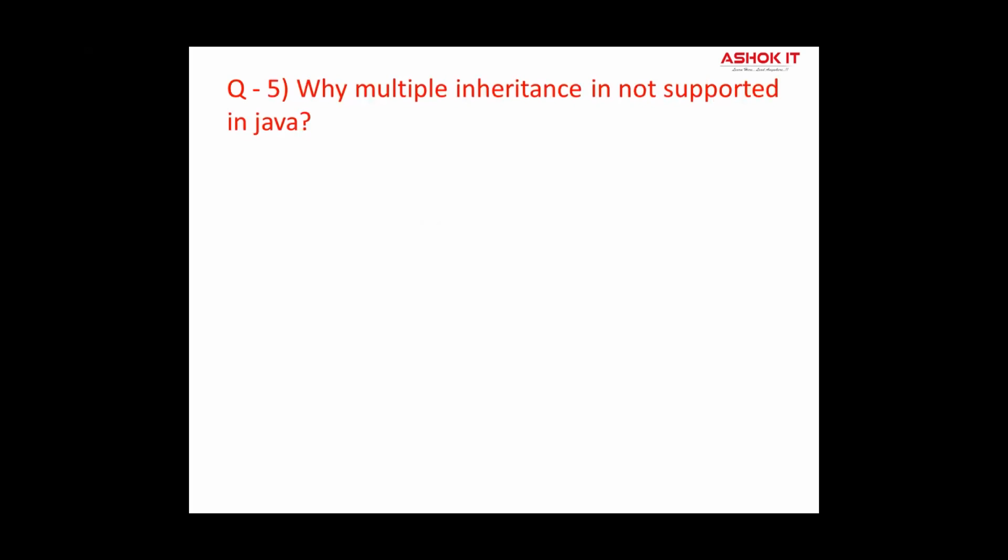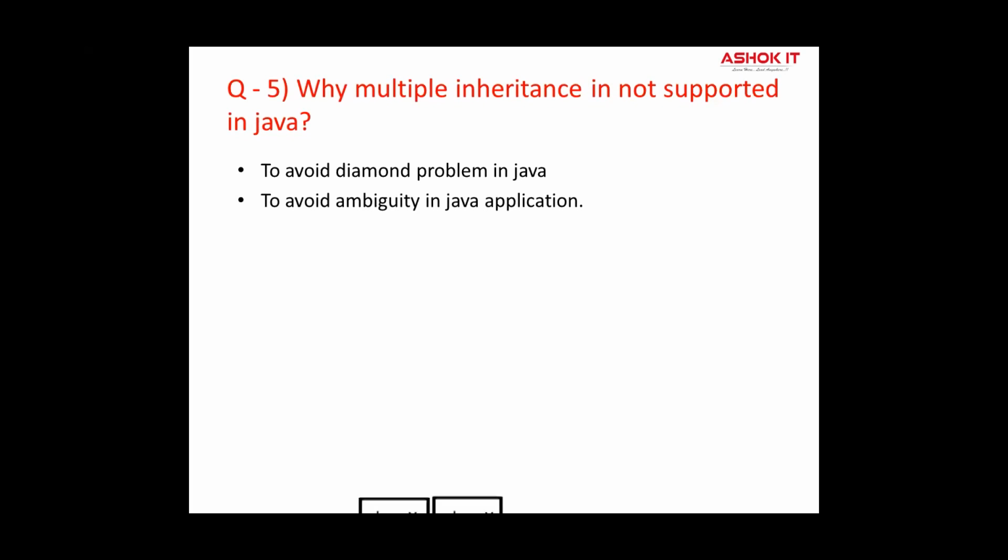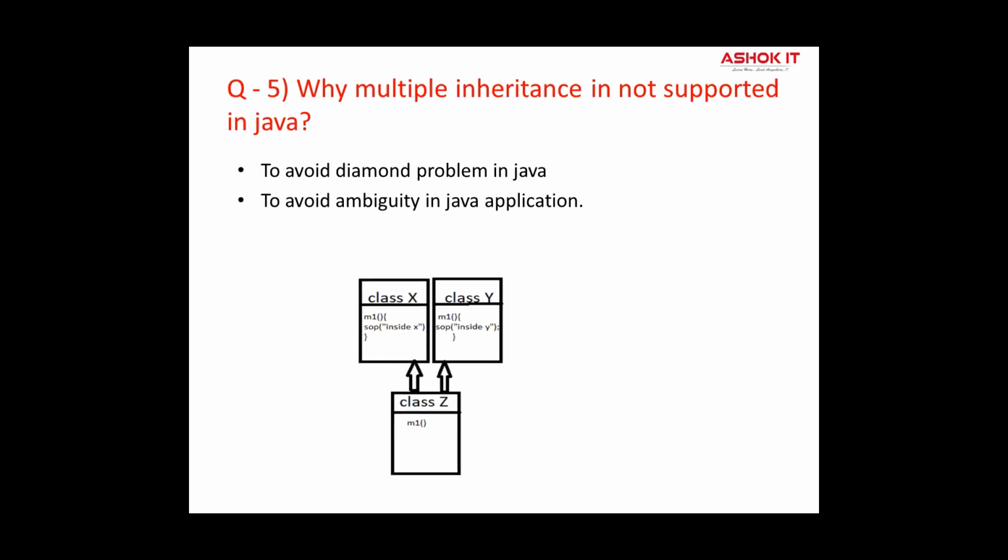Question number 5. Why is multiple inheritance not supported in Java? To avoid the diamond problem, to avoid ambiguity in a Java application. We'll take one example. If you see in this diagram, class Z extends class X and class Y. Class X and class Y both have the same method yum1 with the same method signature, but its implementation is different.